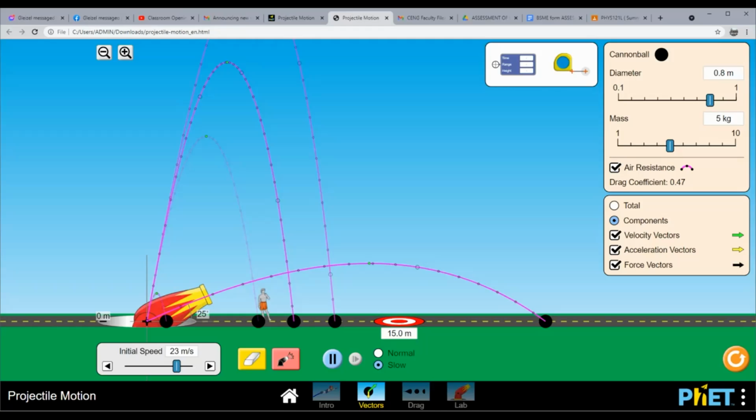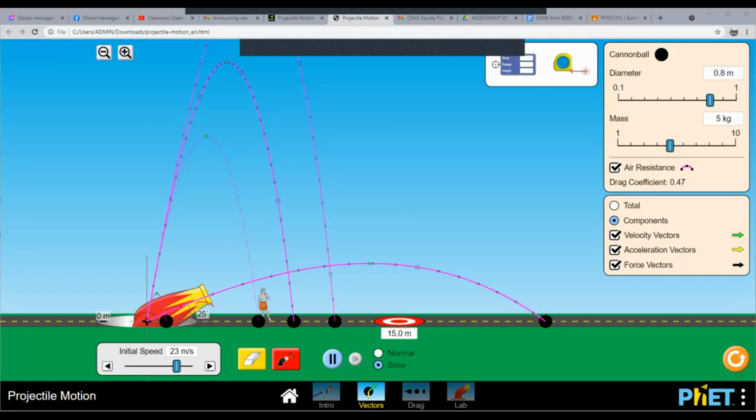What do you notice? We decrease, what we did was to decrease the angle. Kanina itong nauna is ito, 80 degrees ang angle niyan. This time, ang ginawa natin 25 degrees ang angle. What do you notice?